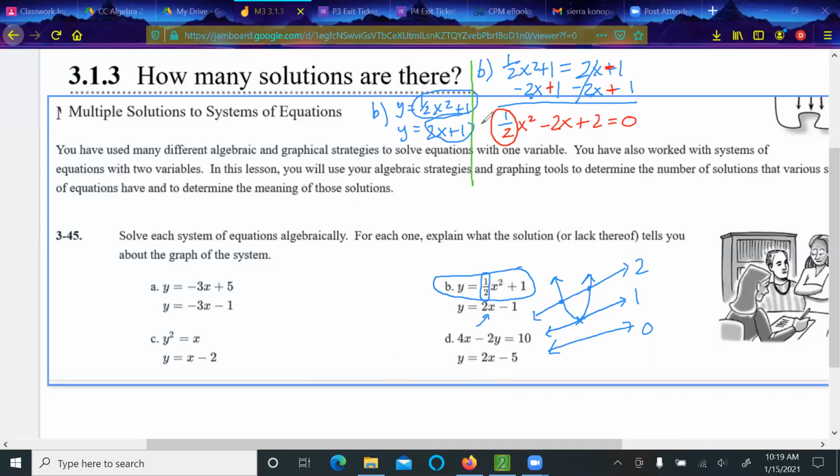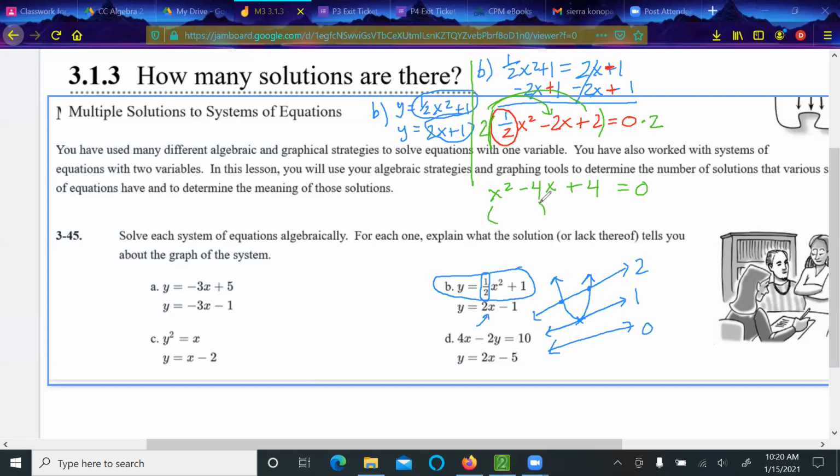Could we multiply it by 2 maybe? Multiply the whole thing by 2. 0 times 2 would just be 0. But if I multiply this times 2, 2 times 1/2 x squared will just be x squared. And then 2 times negative 2x would be negative 4x. And then 2 times positive 2 would be plus 4, like that.